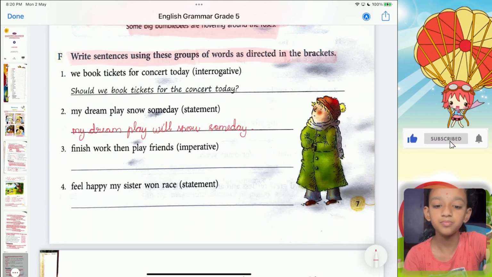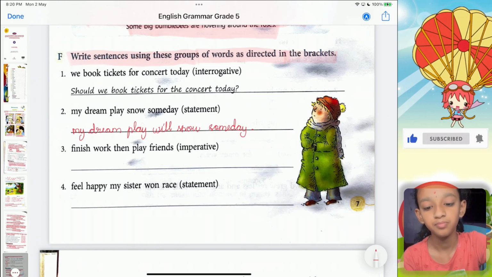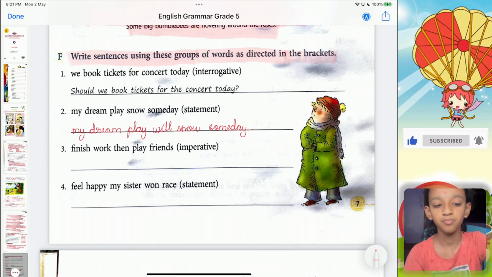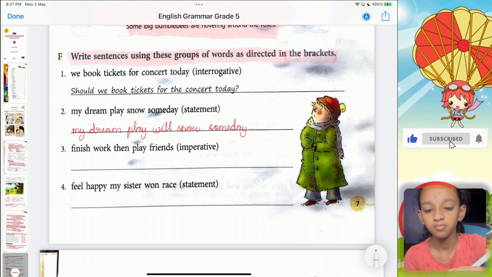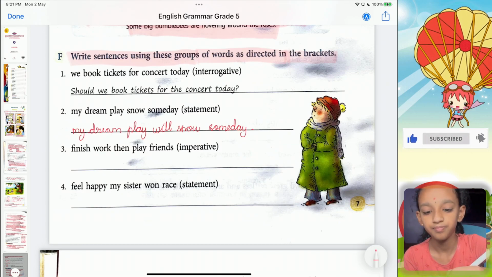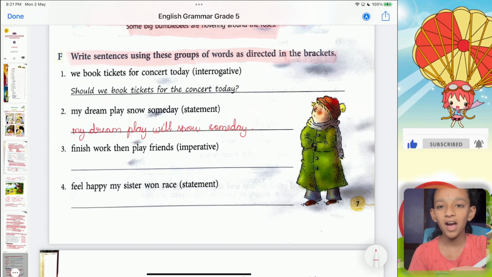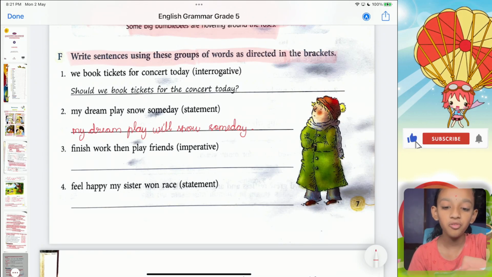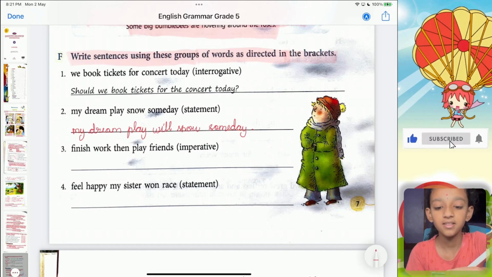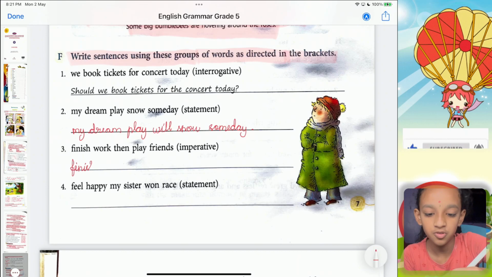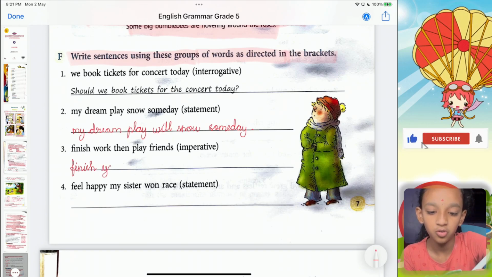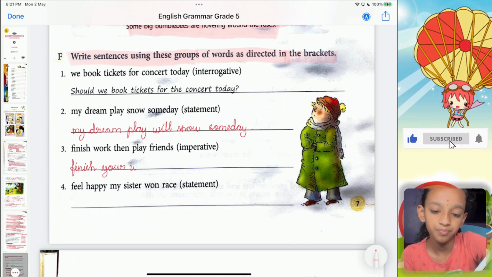Finish work, then play friends. Okay, so you have to make it as an imperative. You have to suggest, right? So you finish your work and then play with your friends. I would suggest finish your work, then play with your friends. You can write it any way you want. So you finish your work and then play with your friends.